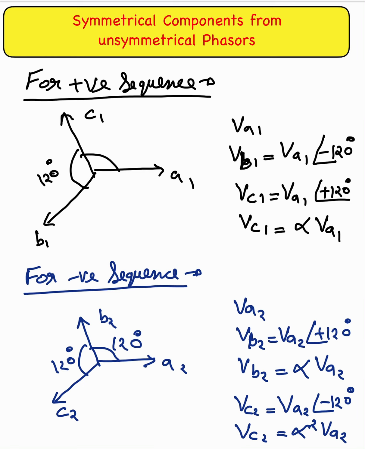In a similar way, we can see the zero sequence. For the zero sequence there is no phase displacement: A0, B0, and C0.